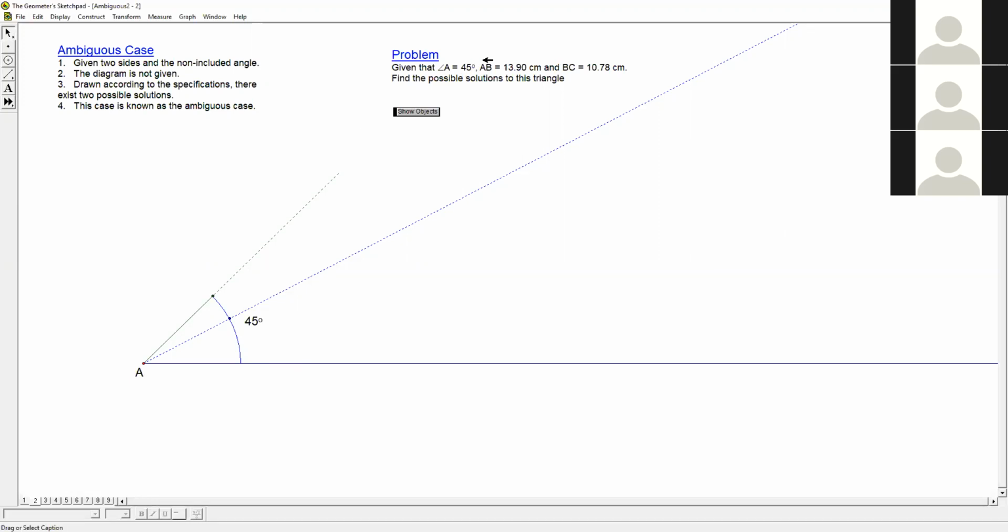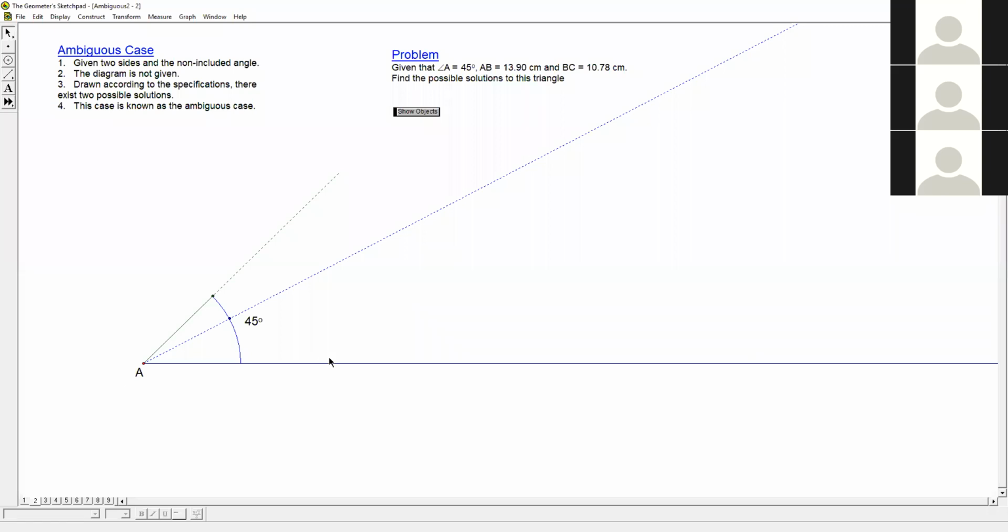Now, the angle that is given, you place it either on the left side or on the right side. Okay, so this is a 45 degrees. So you can place the 45 degrees on your left hand side, or you can draw a line here and you place the 45 degrees on the right hand side. So after drawing this, you draw a horizontal line, a very long horizontal line.